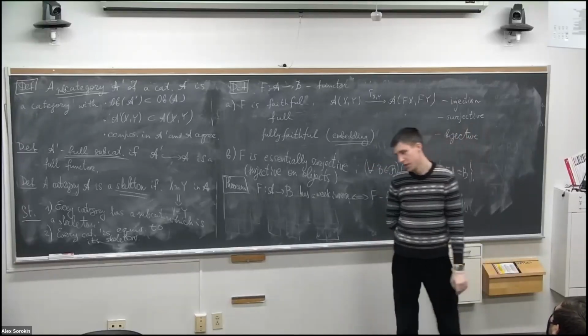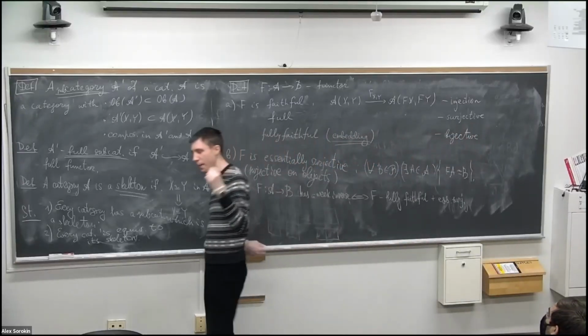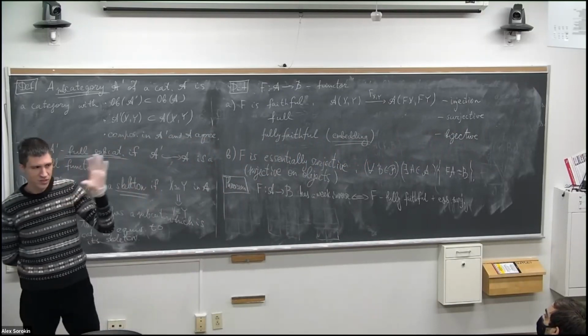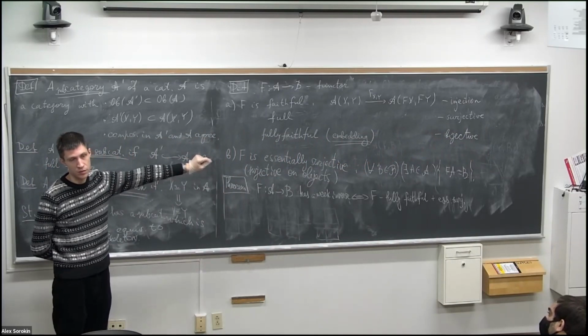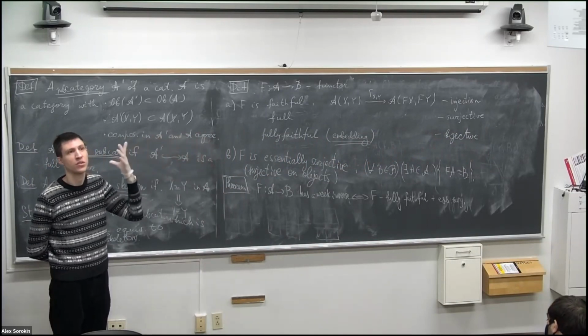Is there a canonical way to get the skeleton? You somehow make all isomorphic objects equivalent? Unfortunately, no. You pick, from every class of isomorphic objects, one object, and you get a category. So first, it's not canonical, you are making a choice.